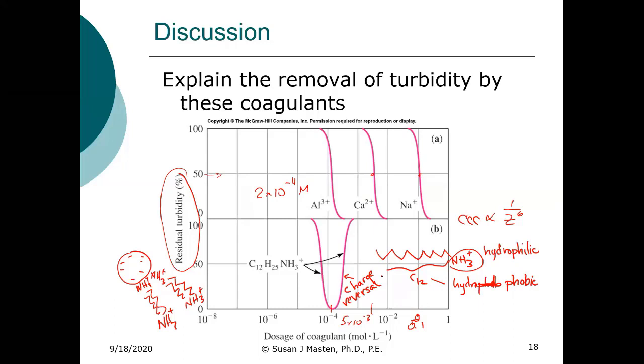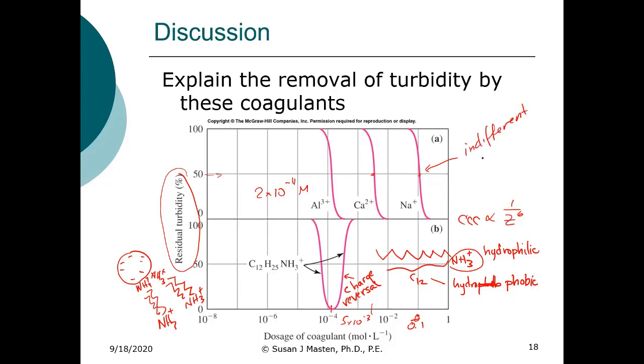Your negatively charged particle becomes a positively charged particle with these ammonium ends sticking out into the solution, and now you've got positively charged particles that will repel again.